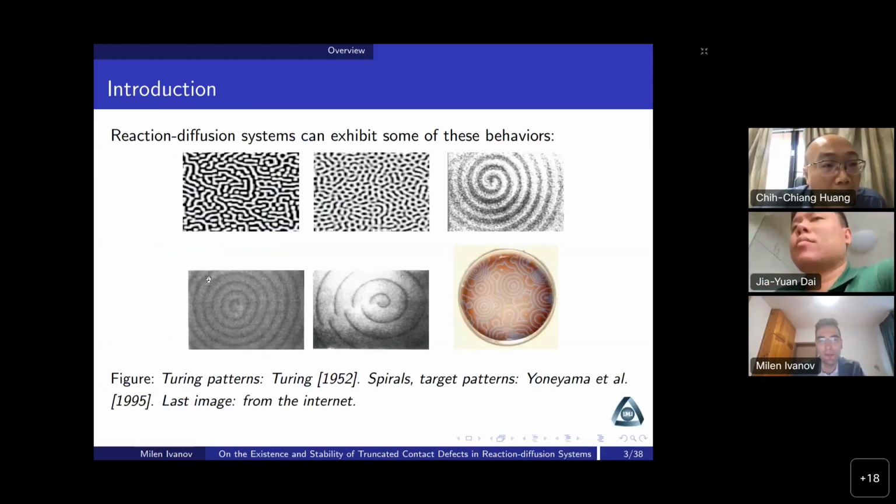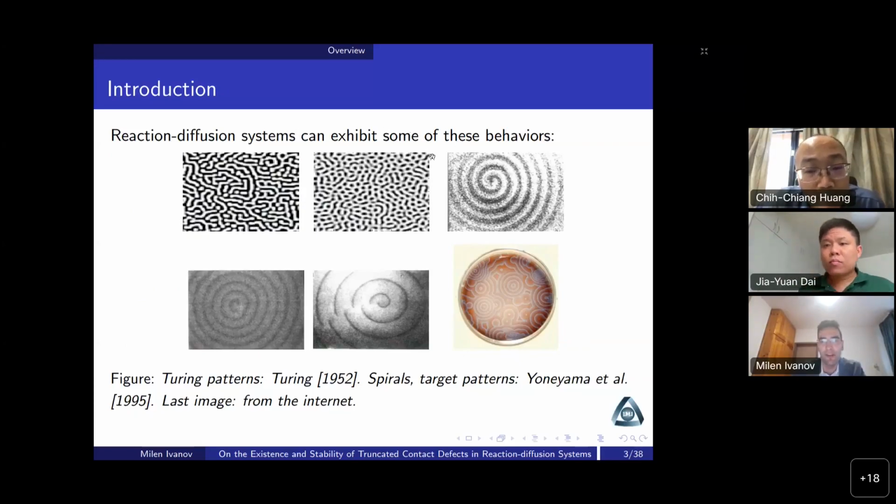To start from a little farther back, reaction-diffusion systems have been seen, for example by Turing, as the mechanism for pattern formation, for example in biology. The first two images from Wikipedia are images of Turing patterns, which are fascinating, but we're not going to focus that much on them.